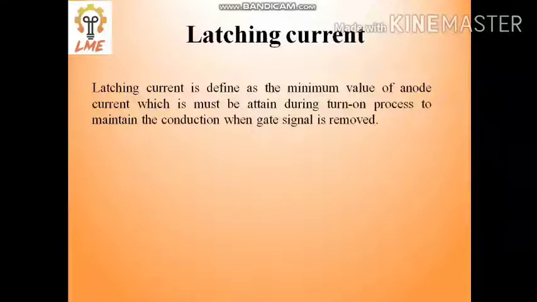But if the anode current is more than 10 ampere at the time of triggering on, and after that we remove the gate signal, then the thyristor will not turn off. So the anode current should reach its latching current level when the gate signal is removed to maintain the conduction. That is known as the latching current.